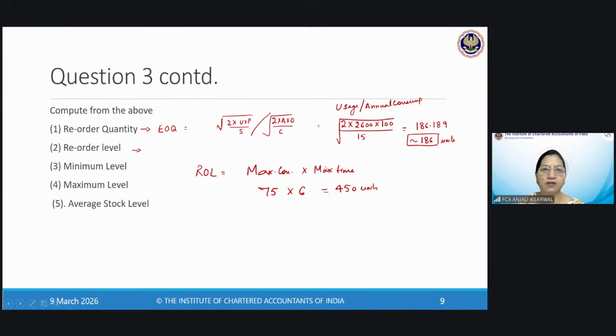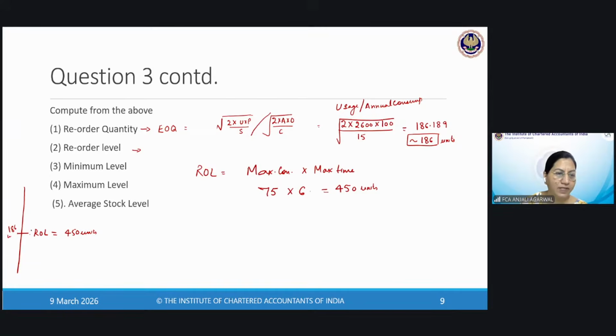So you're going to place an order when the number of units is 450. Now you see here, this is your reorder level, which is equivalent to 450 units. So you are going to place an order here for 186 units, right?